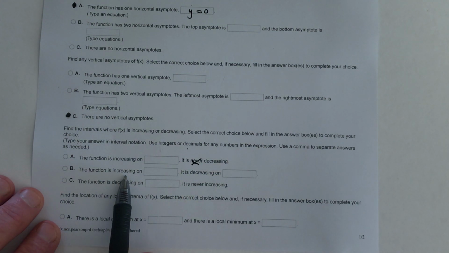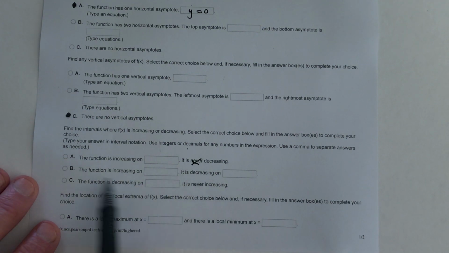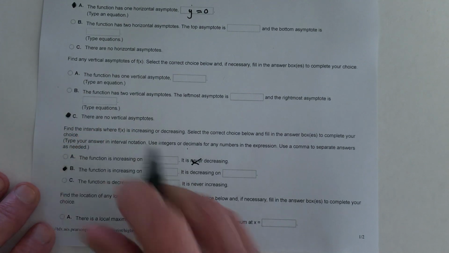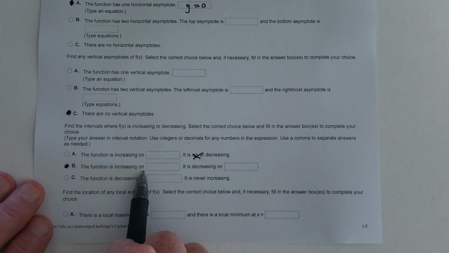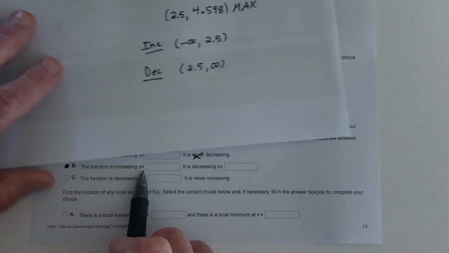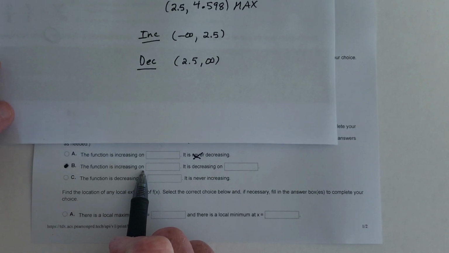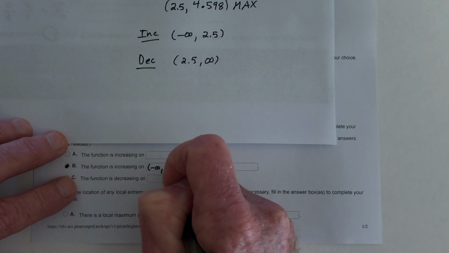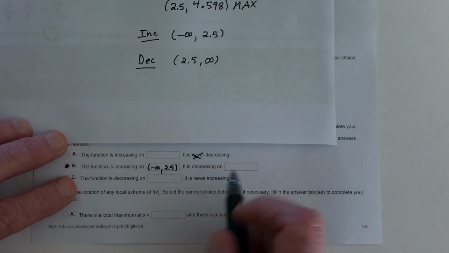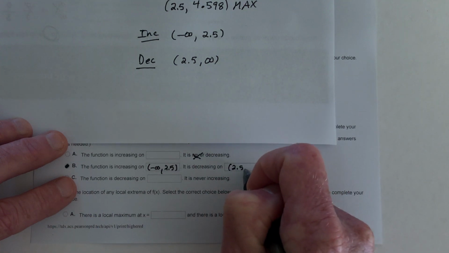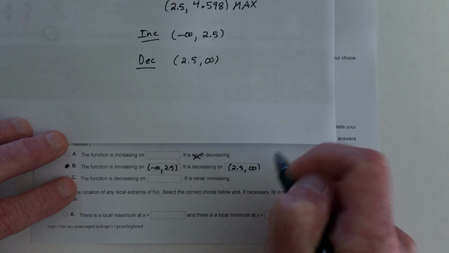The function is increasing and then decreasing, so it's B. So the function is increasing on negative infinity to 2.5 and decreasing on the interval 2.5 to infinity.